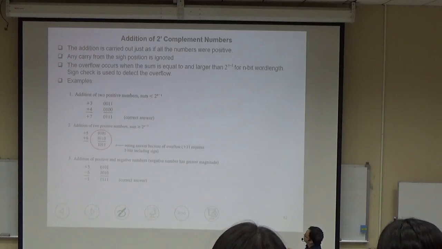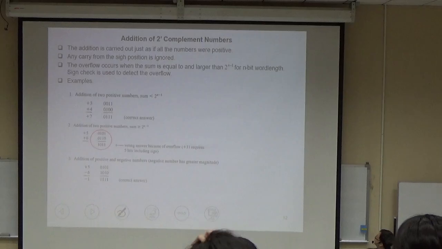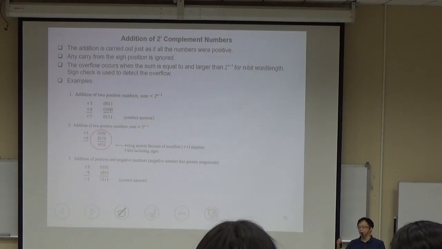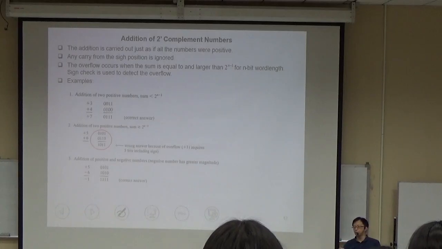And the third one, overflow occurs when the sum is greater than or equal to 2 to the power of n. That means if we perform addition, after the addition the result will be greater than the number we can represent.